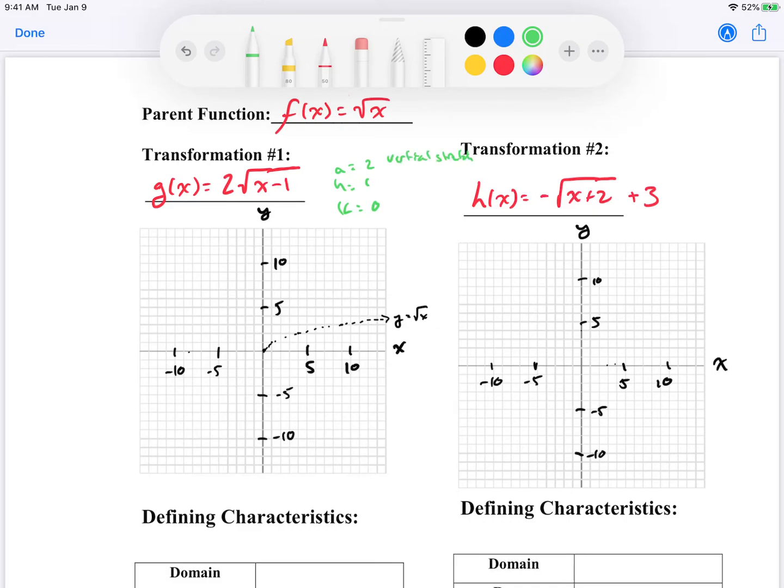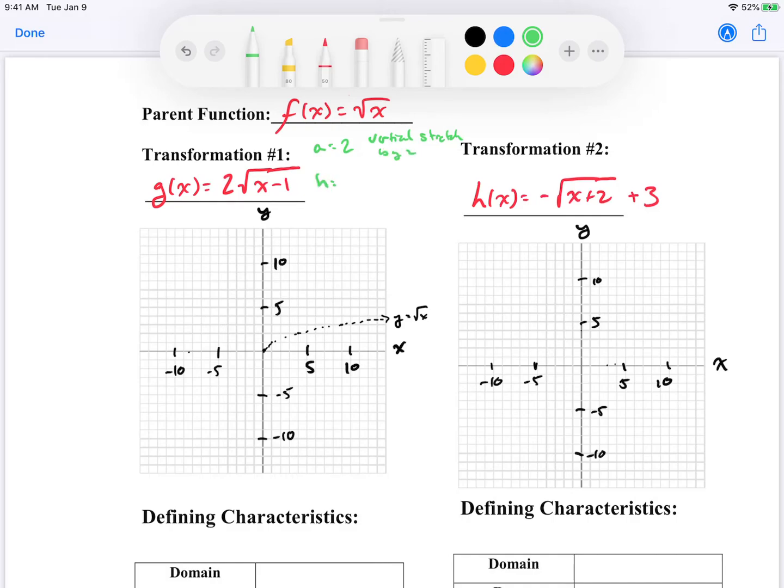What this tells me is a vertical stretch by 2. Sorry, I wrote that horribly. Let me write this a little bit better for you guys. So my a is equal to 2, which tells me vertical stretch by 2.